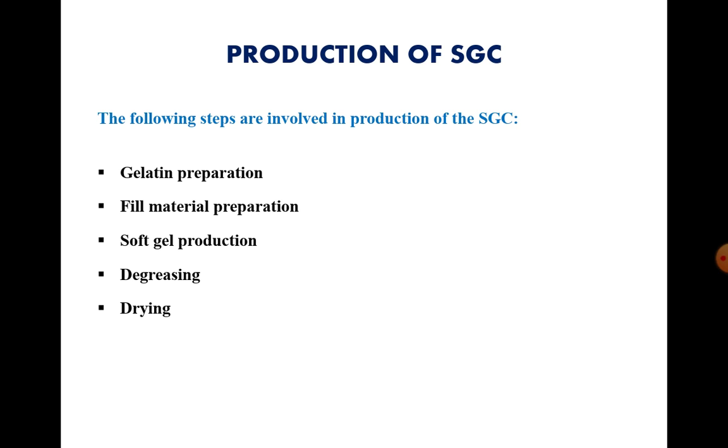Gelatin preparation. The gelatin and the liquid in which it is to be dissolved are accurately measured using a peristaltic pump or positive displacement pump into a mixing tank and mixed at 7 degrees centigrade for approximately 25 minutes per 250 kg of mass.